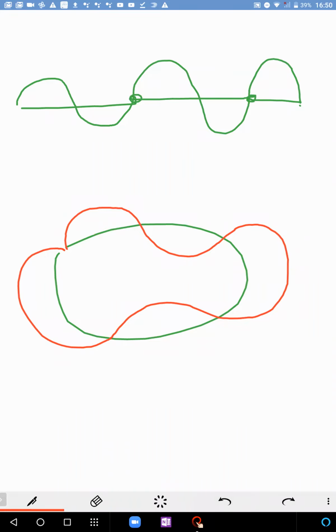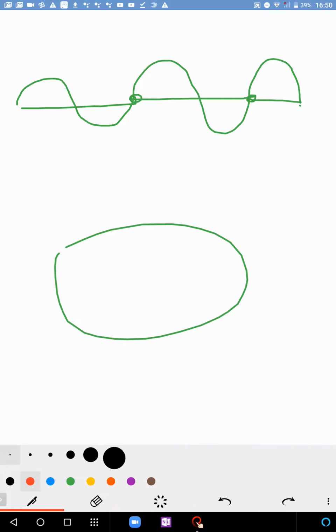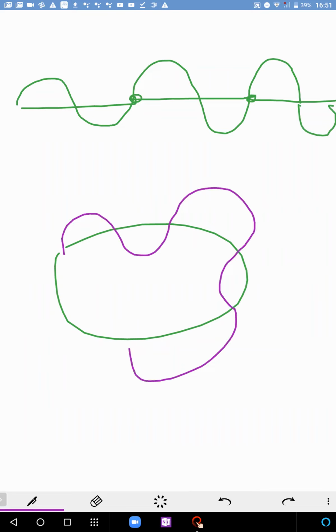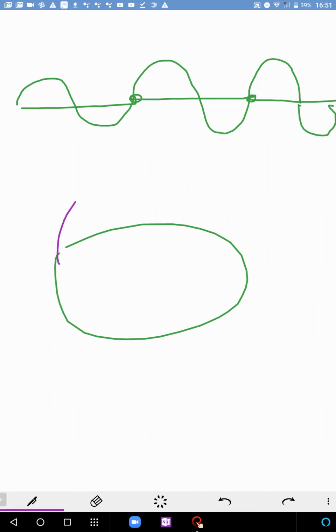On the other hand, consider 2 pi r being 3 lambda. Now you can see how this can be closed around into a complete loop. I don't think it's easy to draw this.